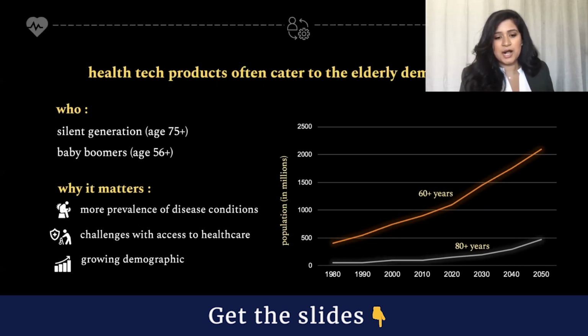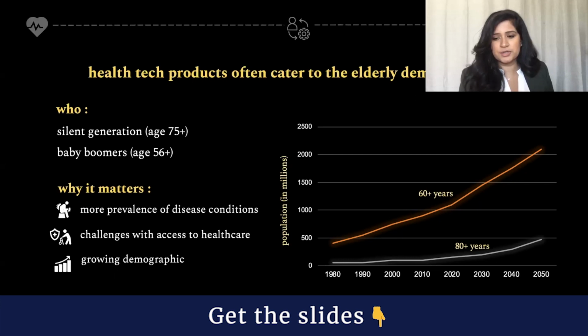They also have unique challenges with access to healthcare. Think about the physical challenges that elderly folk might have in getting into the car and driving to the hospital to get access to healthcare or treatments. That's another big pain point that's driving a lot of technology and remote patient care in the space. And it's also a growing demographic.